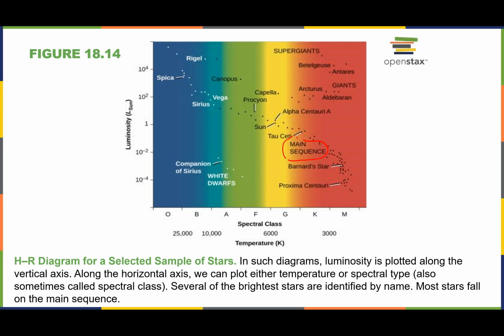I sometimes call them just giants or supergiants. I kind of lump them together. And then, oh my gosh, I love these guys down here. These are some of my favorites. There are some miscellaneous stars down here that are called white dwarfs.